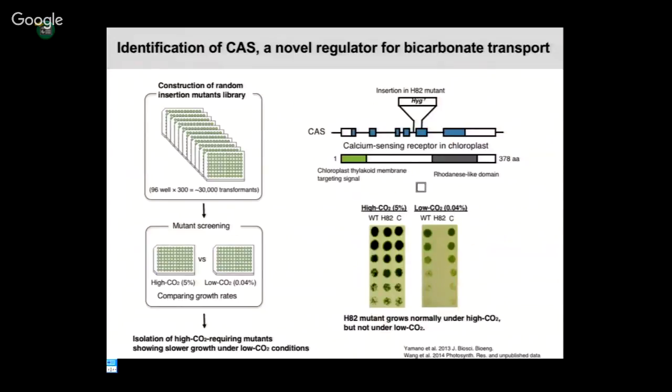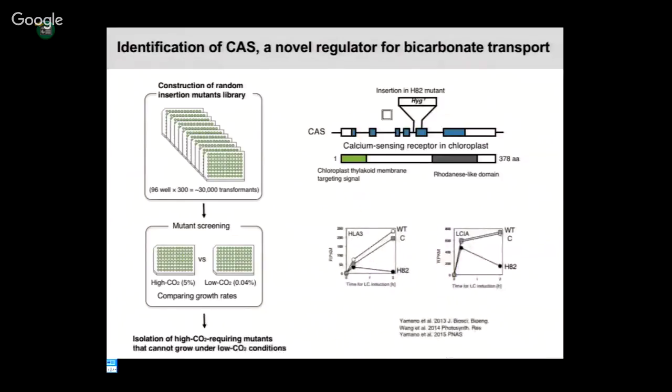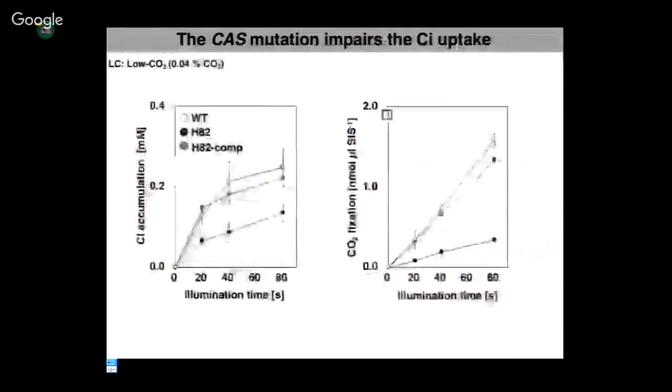So, the long story in short, the insertion is in the Cas protein gene. Cas was reported previously in higher plants. This mutant cannot accumulate inorganic carbon.